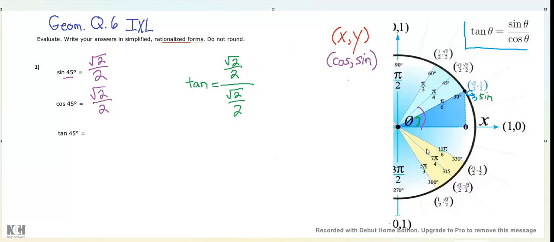And if you remember, very simply, if you have any fraction where the numerator and the denominator are the same, it simply equals 1. So 5 over 5 equals 1. It works for this also. Same thing over the same thing equals 1. So our answer for that is just going to be 1.